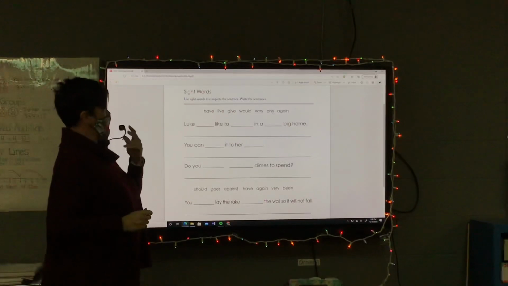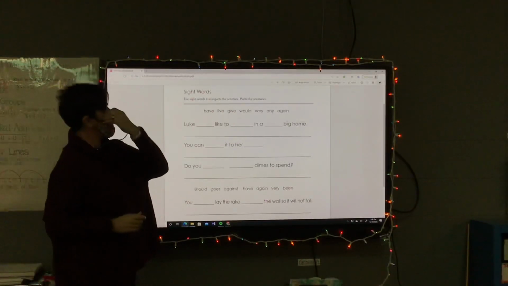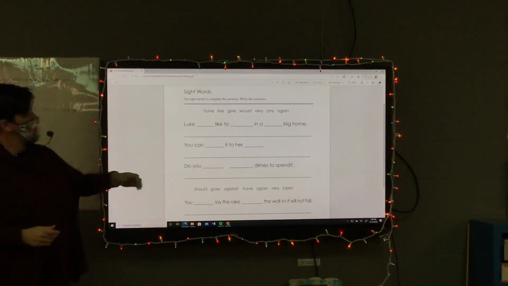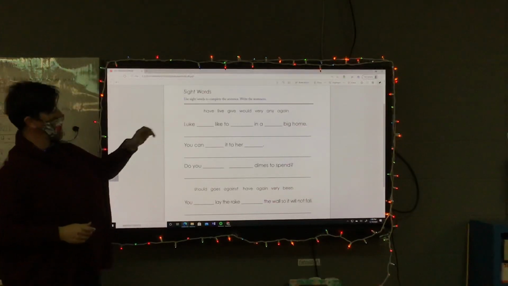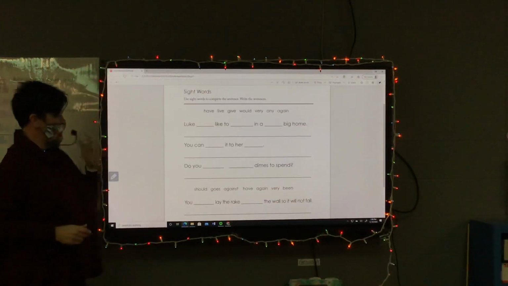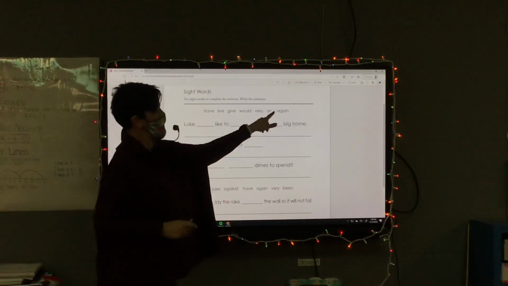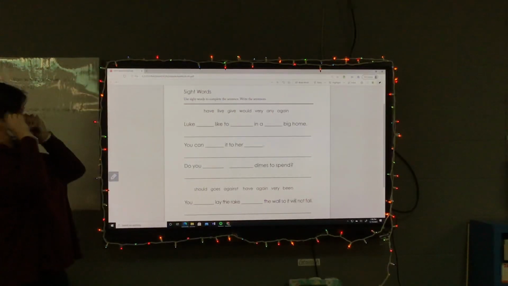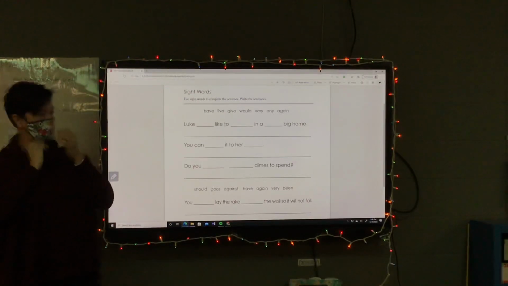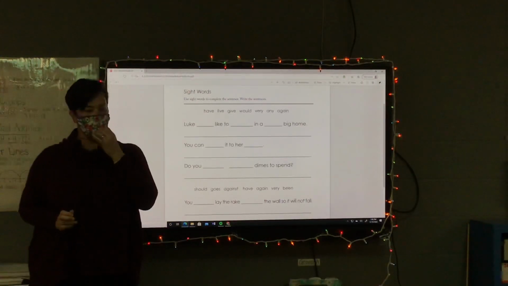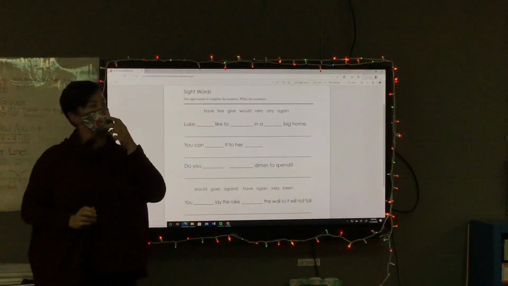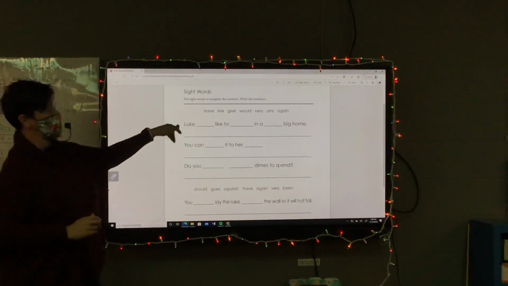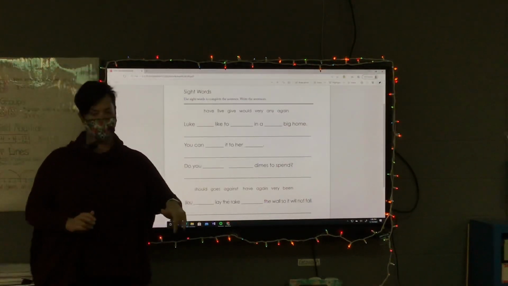Okay, I was reading the word Luke instead of reading the directions. On the directions, it says, use sight words. Do you see how it gives us this whole line of sight words here? Use sight words to complete the sentence. Guess what we're not going to do? We're not going to write the sentence. We're just going to fill in the correct words.